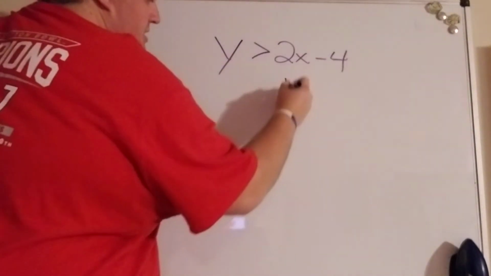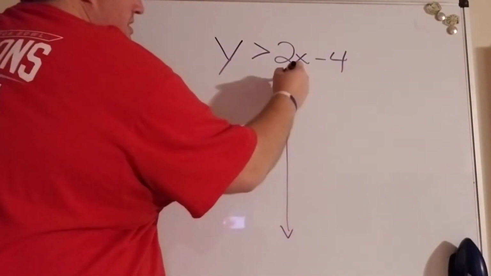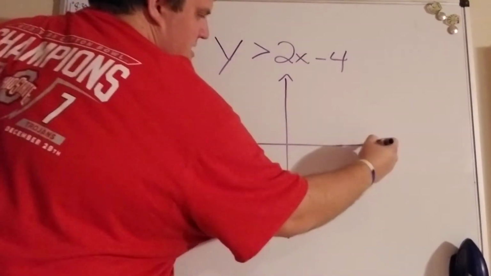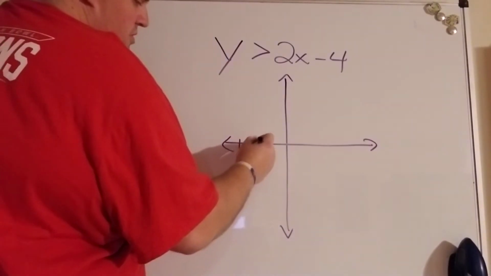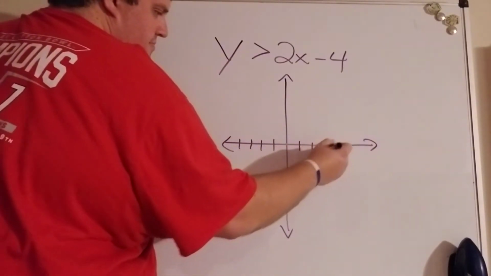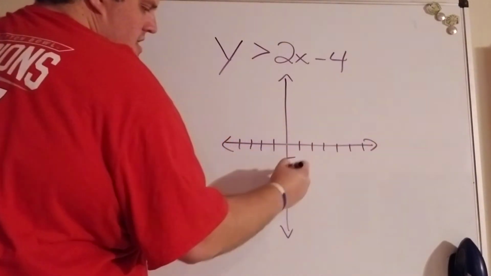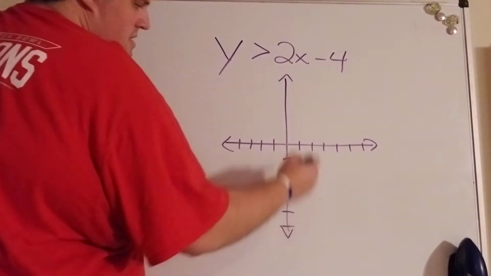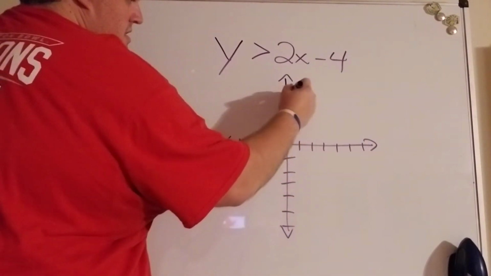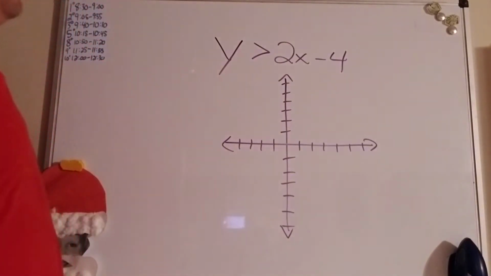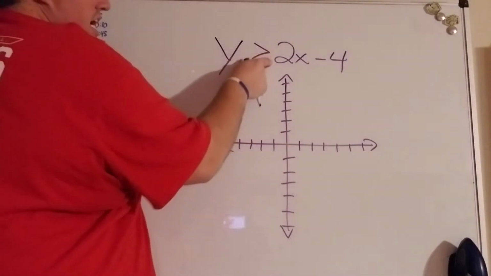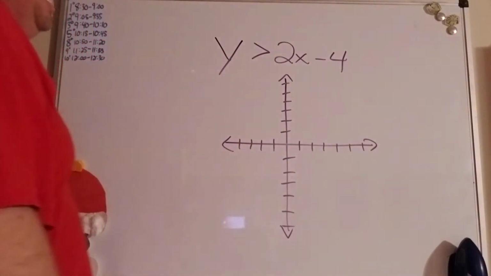I'm going to want to graph these, which is good because it's going to work a whole lot like slope-intercept form does. So, for example, I'm going to graph this just as though this was an equal sign.